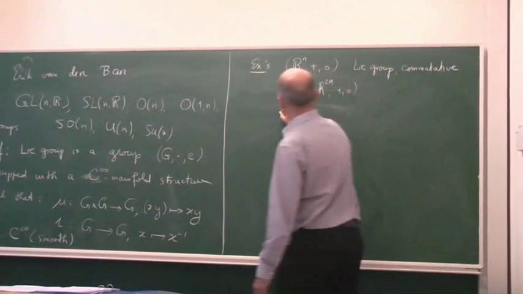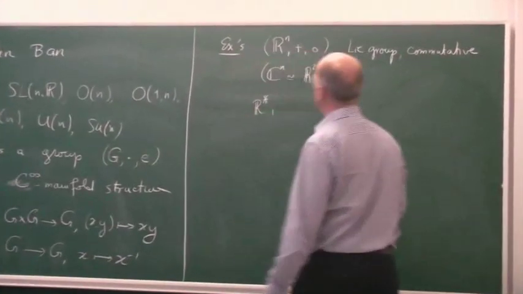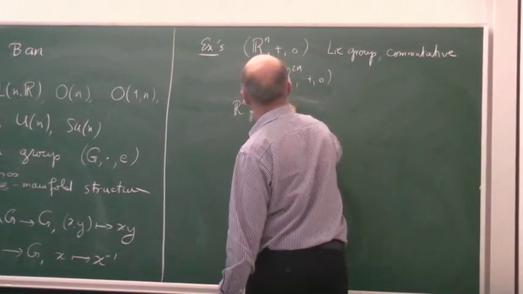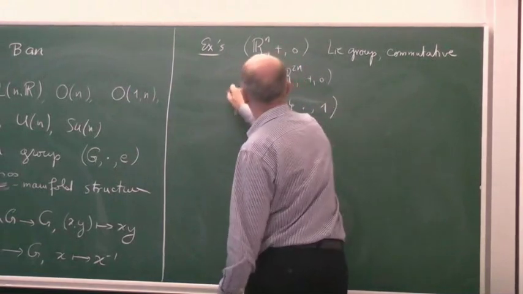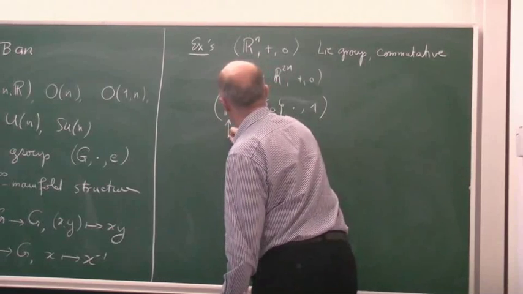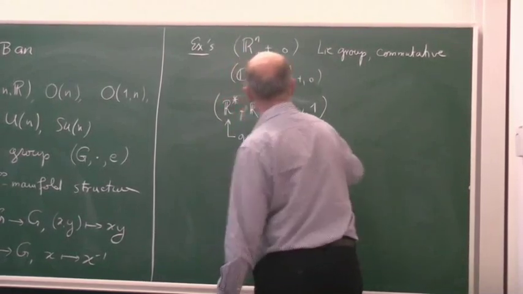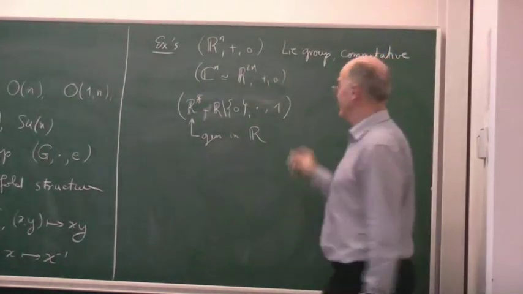Another example, take R star, which is R minus the 0 element, together with the multiplication and together with 1. This subset is open in R, and therefore in particular it has a manifold structure.